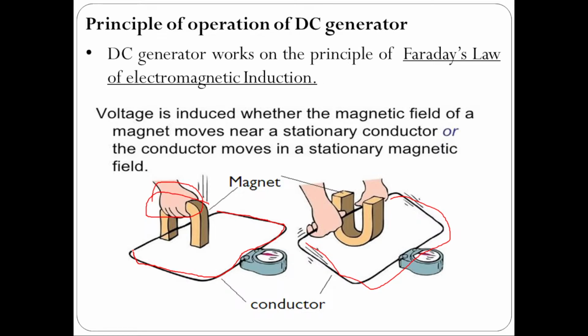If this is a conductor, I can twist it to form a coil. If a conductor forms a coil, the flux linkage will start to change. When a current-carrying conductor is there, flux will be induced, and voltage is induced. You can call it electromotive force. The induced voltage is also known as electromotive force.